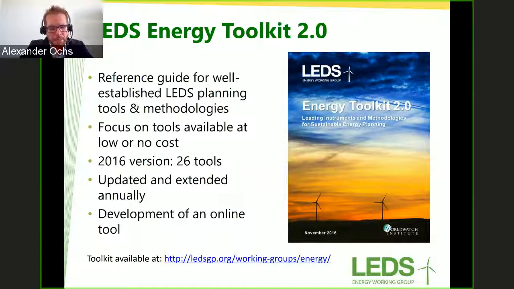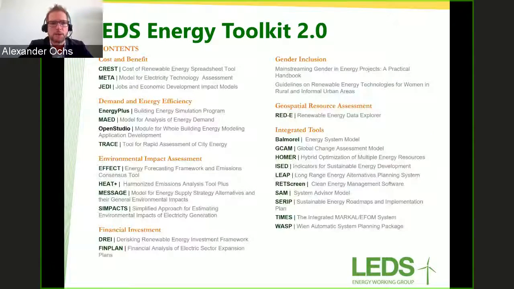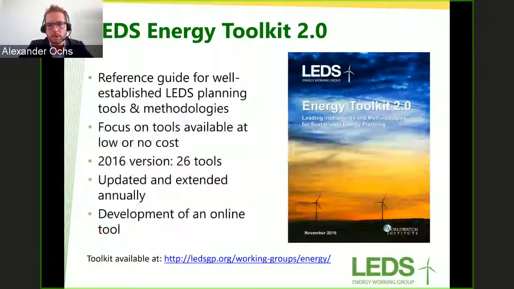It is updated and extended annually, and eventually we're hoping for it to become an online tool in which you can search for specific parameters, and the toolkit then presents what tools can help you with work in that very area. I have the link on here where you can download it.